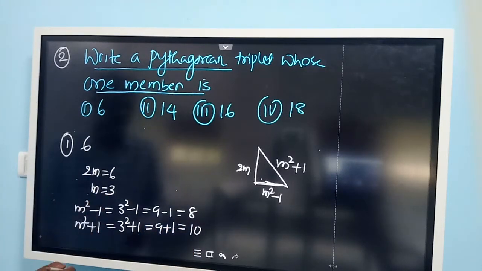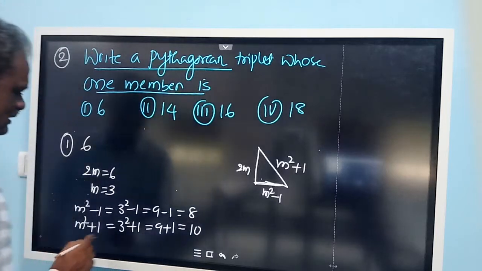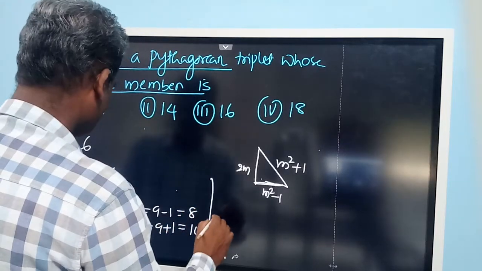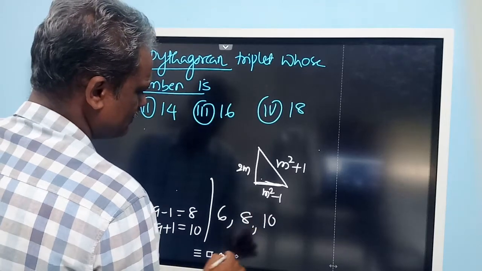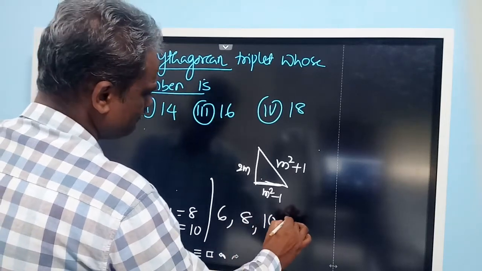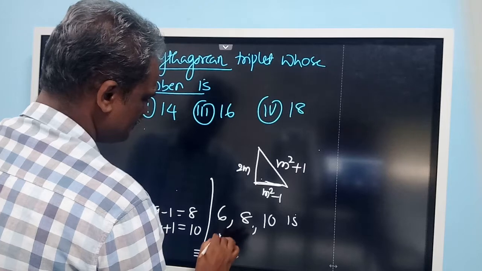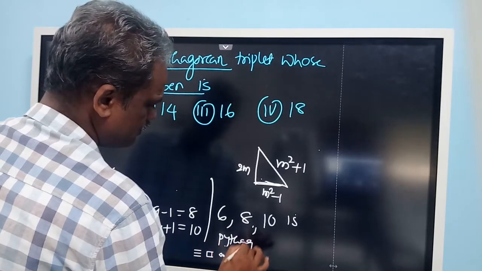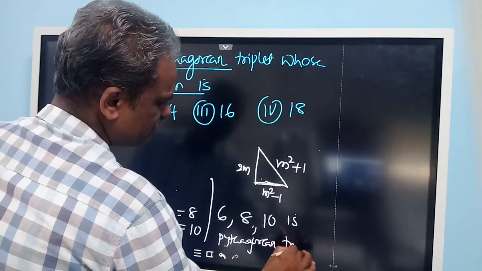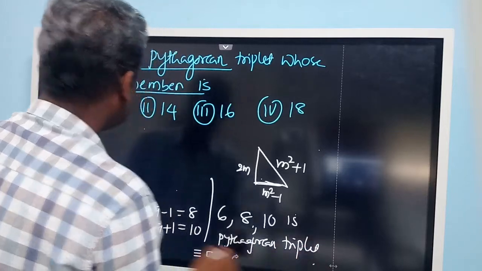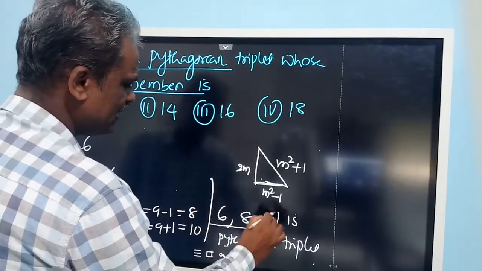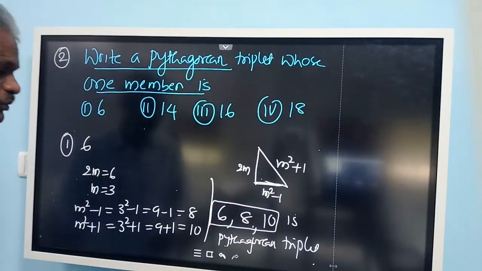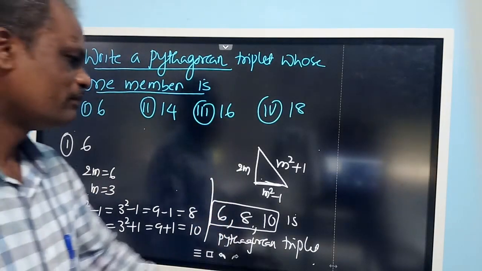So the numbers are 6, 8, 10, a Pythagorean triplet. One member is 6, and the remaining two members are 8 and 10.